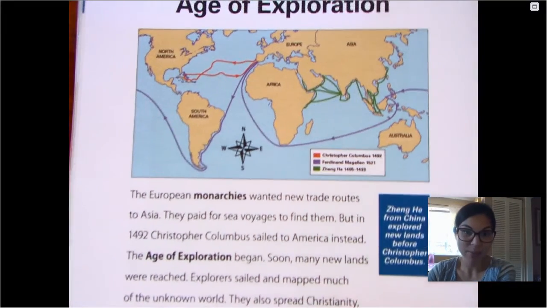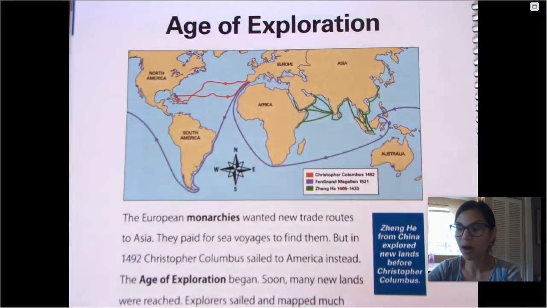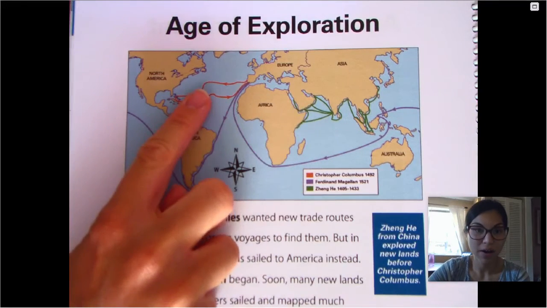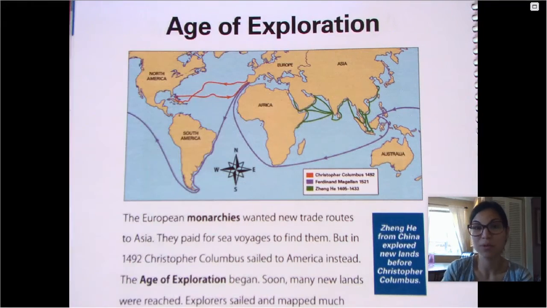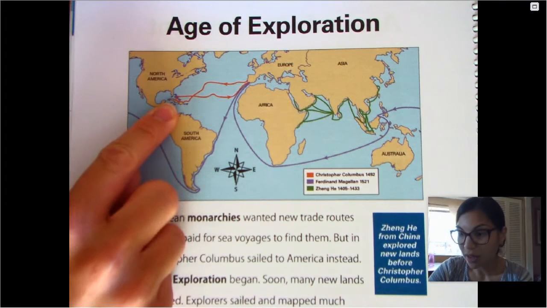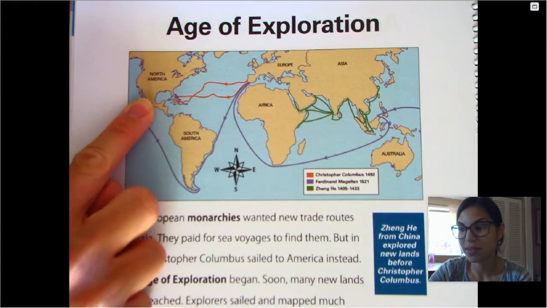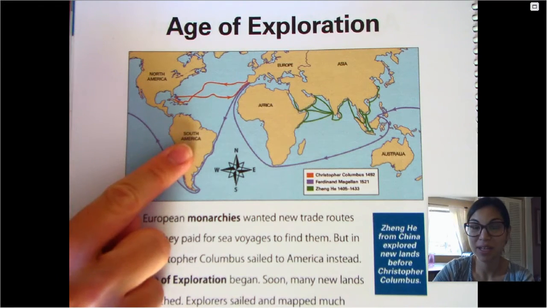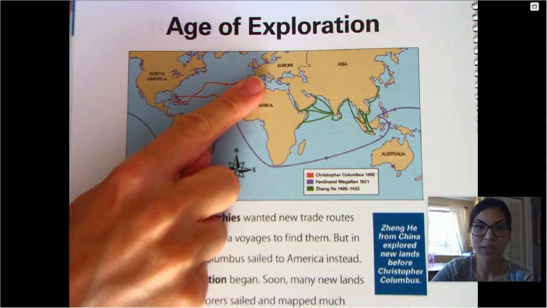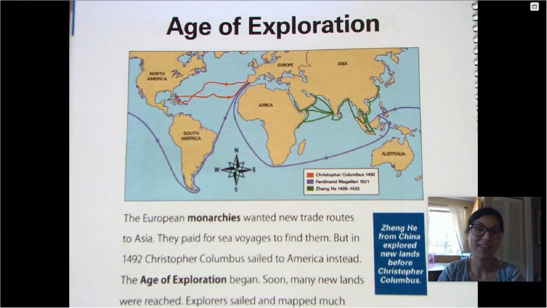So if we look at this map, all of these lines that are different colors are routes that different explorers took to reach new lands. So the New World was considered North America and South America, mainly because people who lived in Europe and other areas of the world didn't know that North and South America even existed.